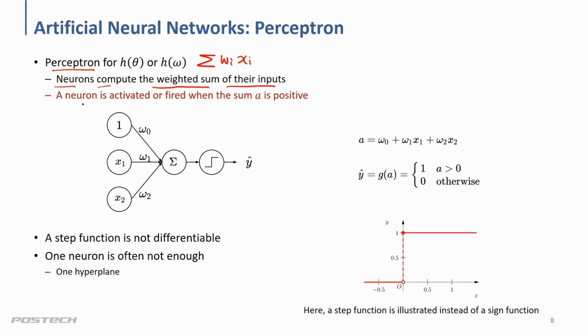the neuron is activated or fired when the summation is positive.